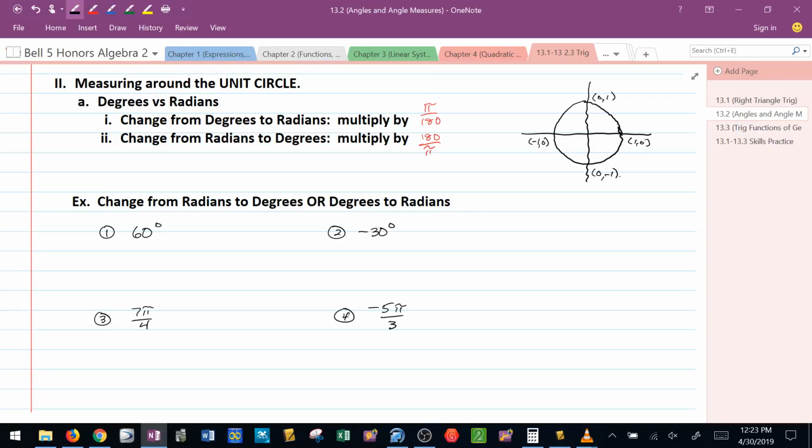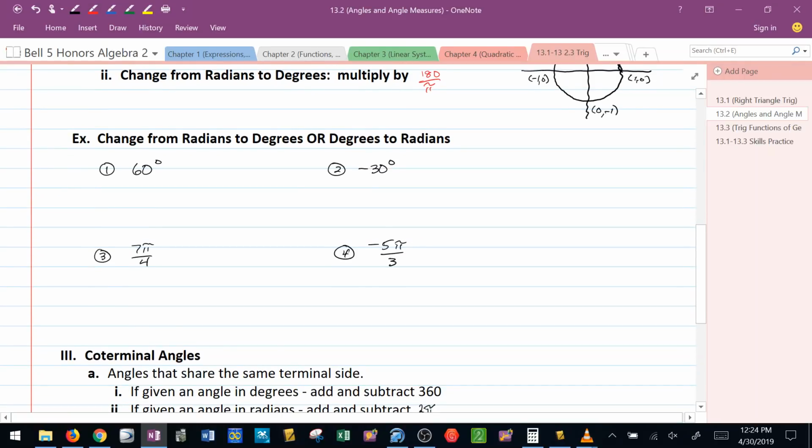On your calculator, remember we talked about this earlier in the year, you might have to change your mode from radian to degree or degree to radian, depending on what you're trying to do. But today's stuff is really easy. So we're going to change from radians to degrees or degrees to radians.